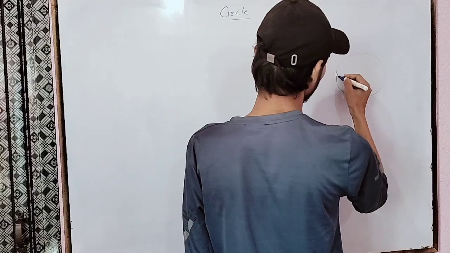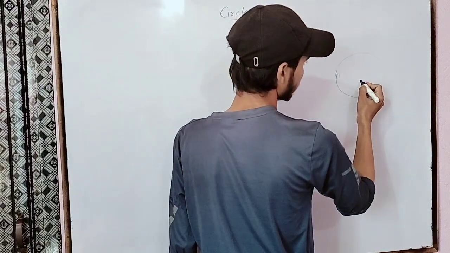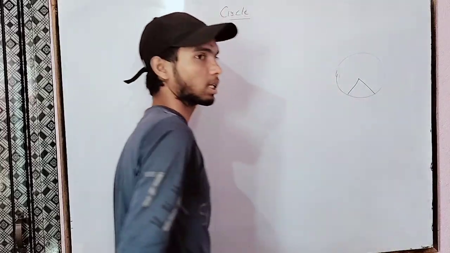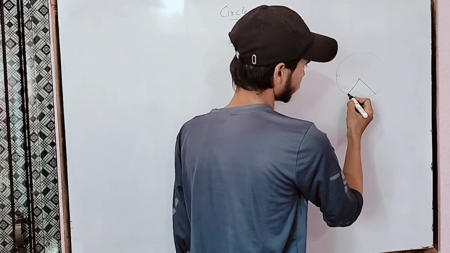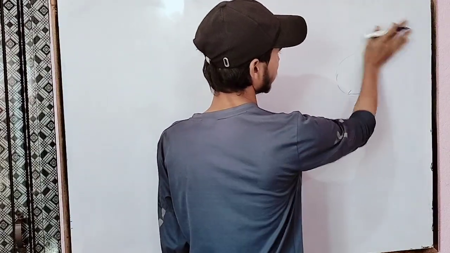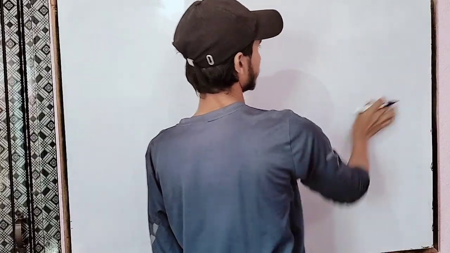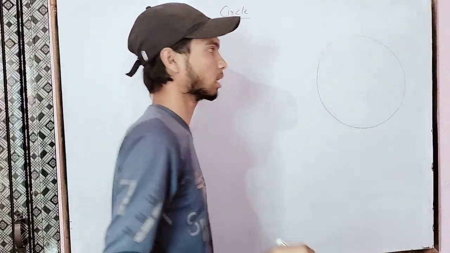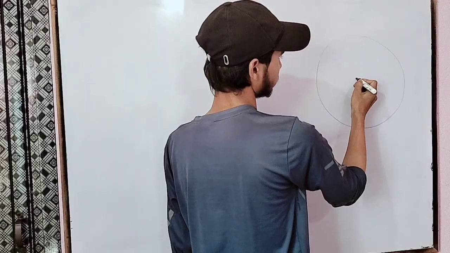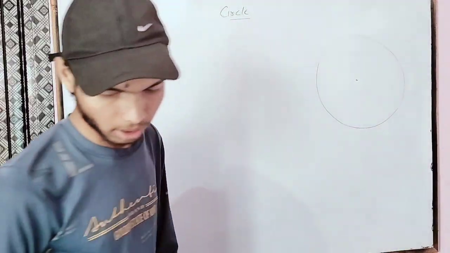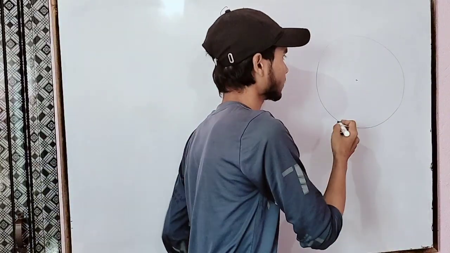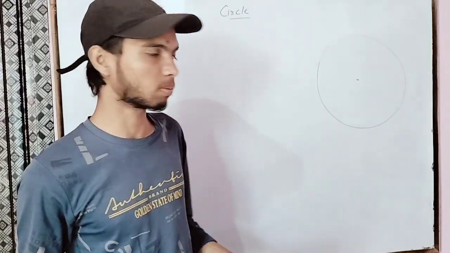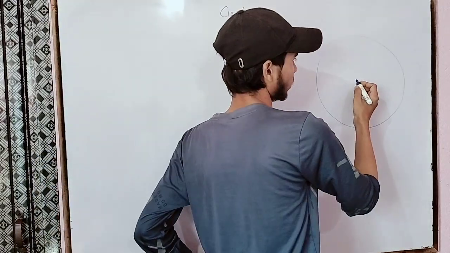Now we are taking a minor sector. I will draw a major circle so that we can have clarity. Now there is a center. Try to understand carefully because from here you will get a concept. Something will be different.